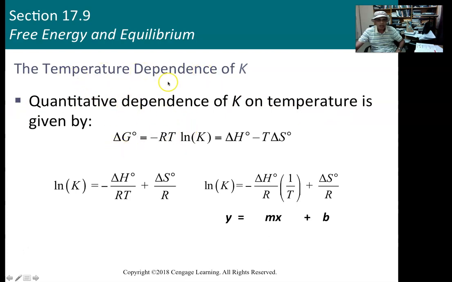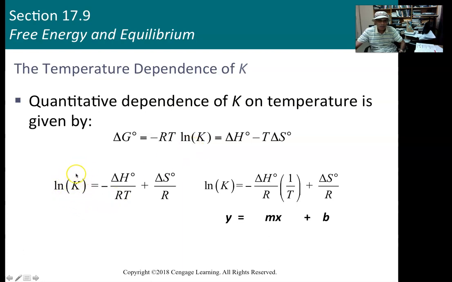Now, other ways of representing the temperature dependence of free energy. Here you can look at delta G naught is equal to minus RT ln K, and we know that delta G naught is equal to delta H minus T delta S. So we can rewrite this by making ln K the subject of the formula.